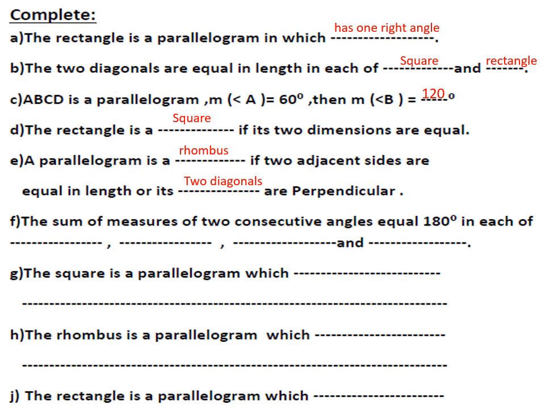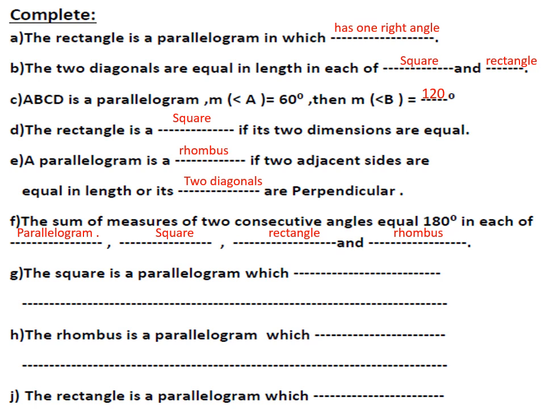Letter F, the sum of measures of two consecutive angles equals 180 in each of the four shapes: parallelogram, rectangle, rhombus, and square. Letter G, the square is a parallelogram, and here we have a long definition.